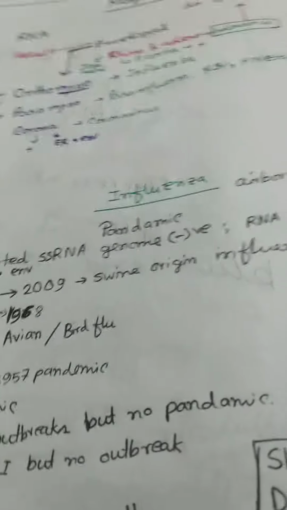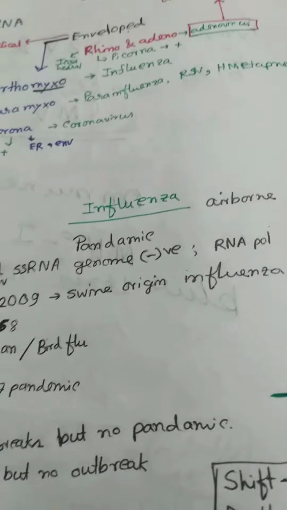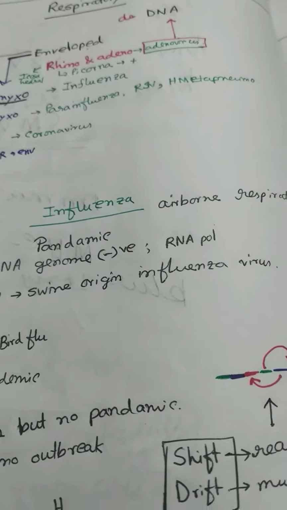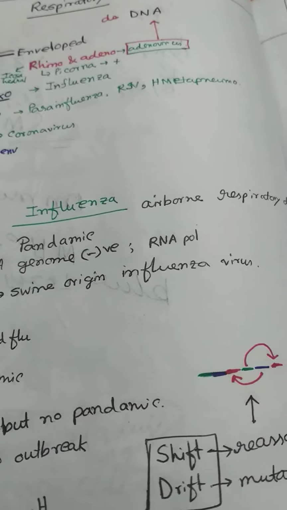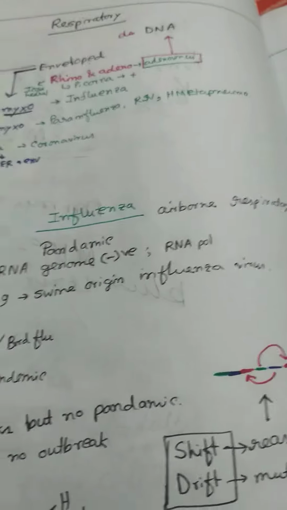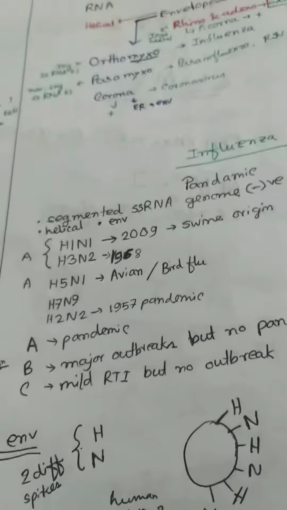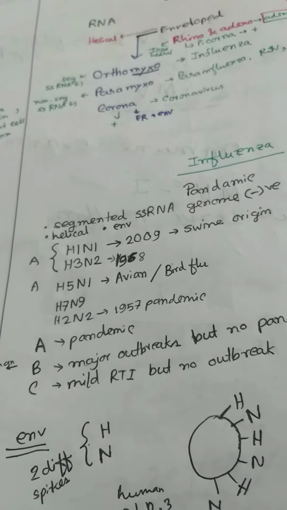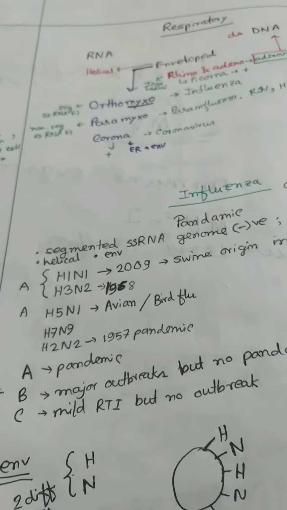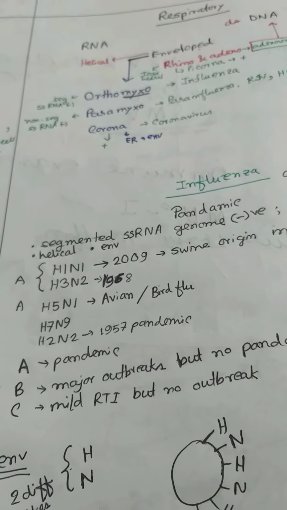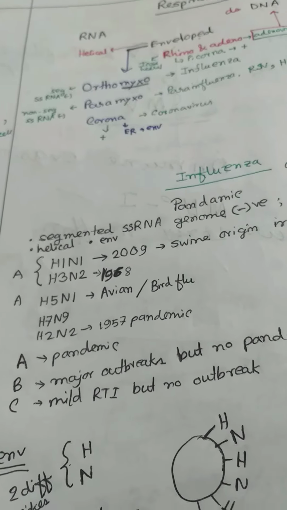Now we will discuss orthomyxovirus. I have already told you that orthomyxovirus contains only one virus family, and that is the influenza virus. Influenza virus causes pandemics. Now we will discuss the structure of this virus. The virus has a segmented single-stranded RNA genome of negative polarity.